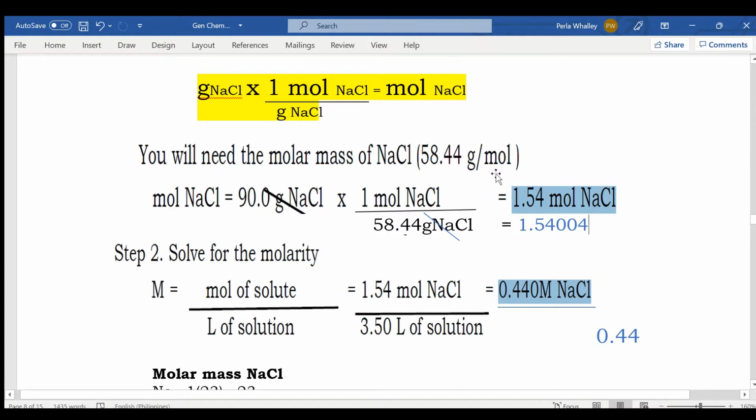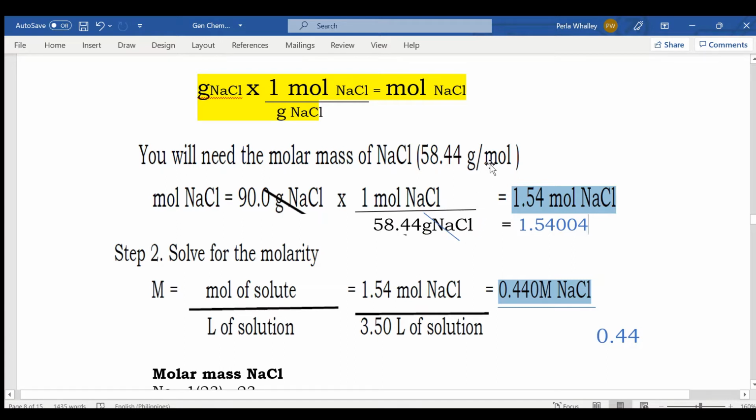58 grams per mole will also be okay to use. So moles sodium chloride is equal to 90.0 grams sodium chloride times 1 mole sodium chloride divided by 58.44 grams of sodium chloride.